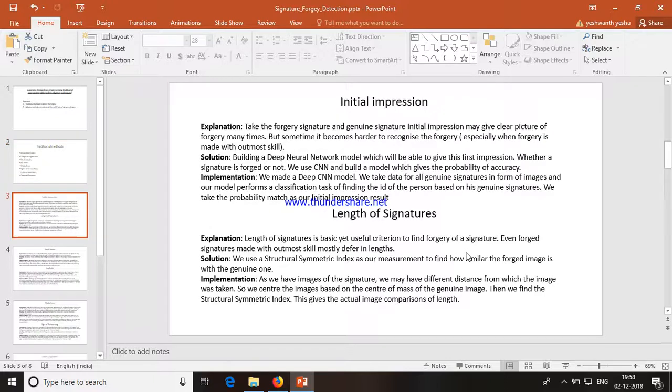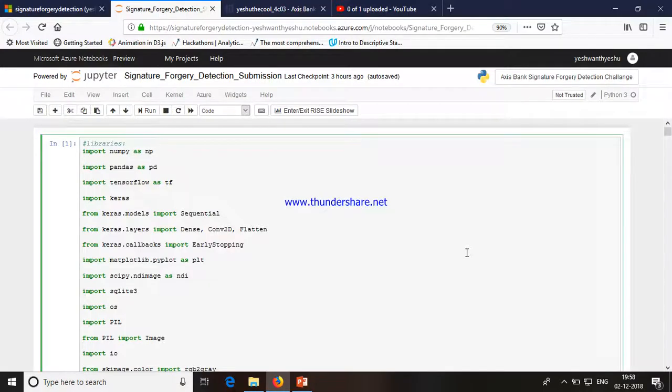So we implement these different criteria by using our Jupyter notebook.